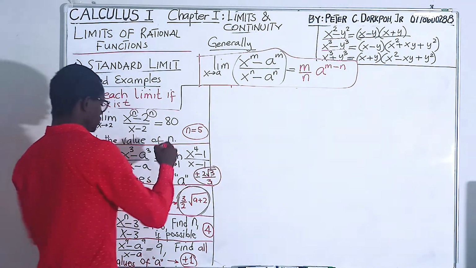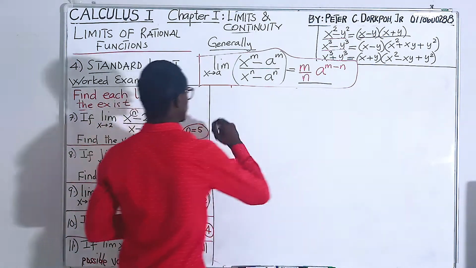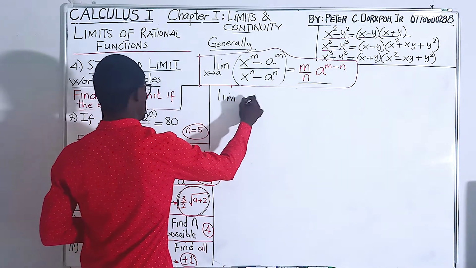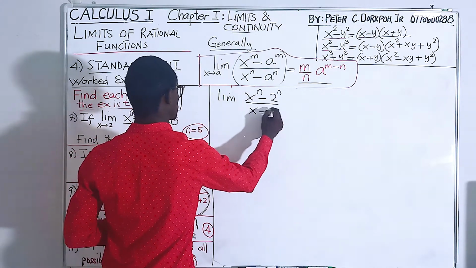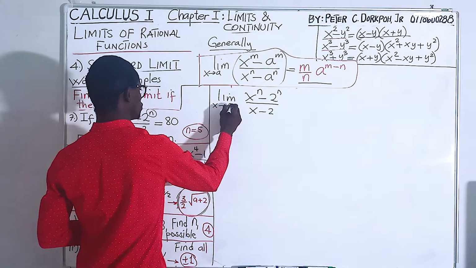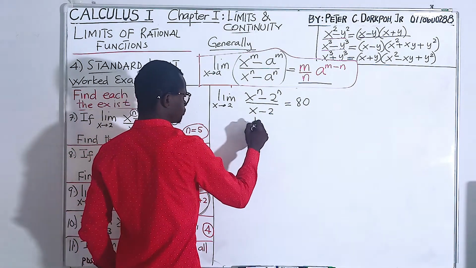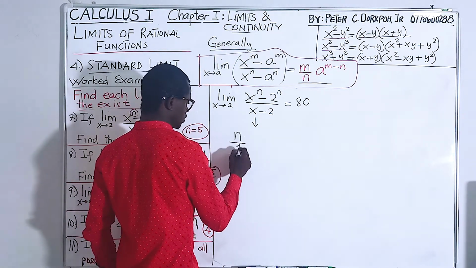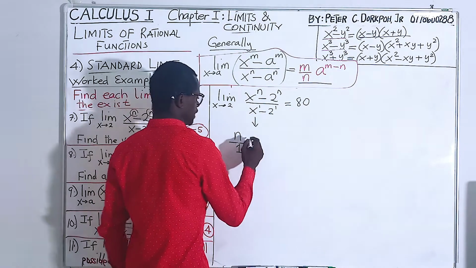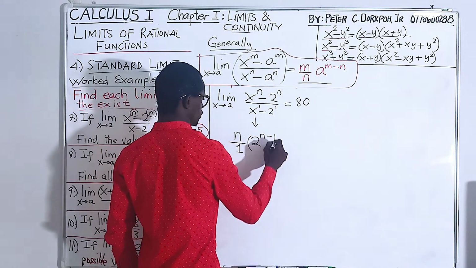So the first thing we can do is to write it in this form. So you have the limit of x to the power n minus 2 to the power n all over x minus 2 as x is approaching 2, all equals to 80. So we write this one. You have the power of the numerator divided by the power of the denominator, which is 1 now, times 2 raised to the power n minus 1.